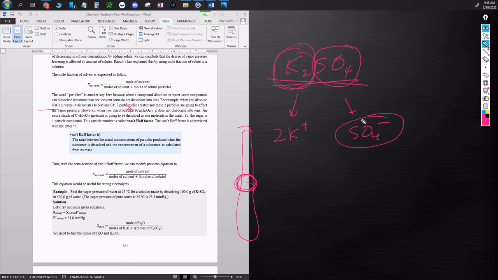This one whole piece is going to dissolve in water. So how many parts are there? There are 3 parts, right? So your Van't Hoff factor, which is the i number, is going to be 3. So what happens here is you have that K2SO4 and 500 grams of water, right? You are trying to look for the partial pressure of it.